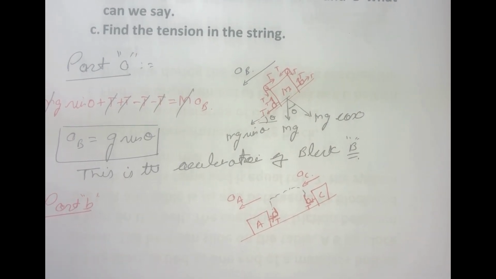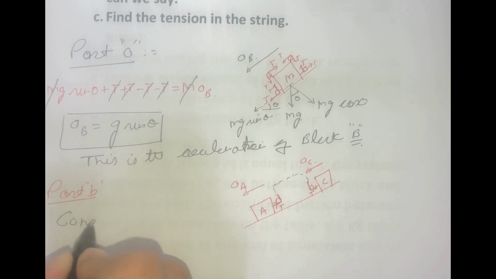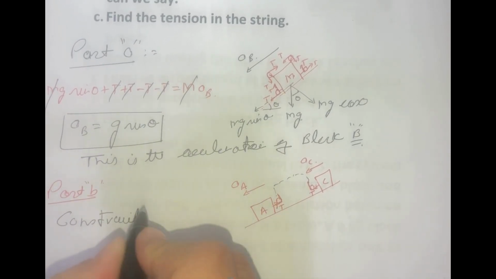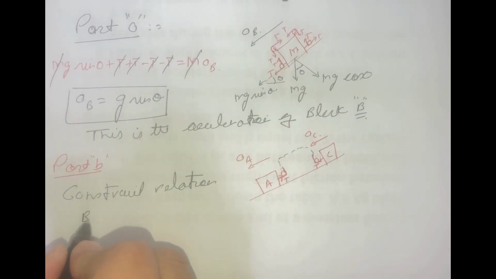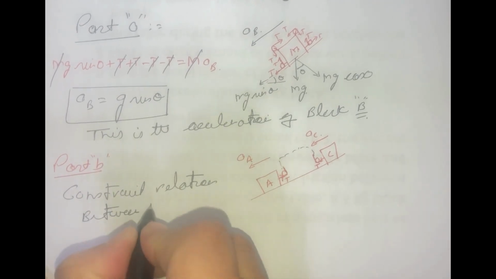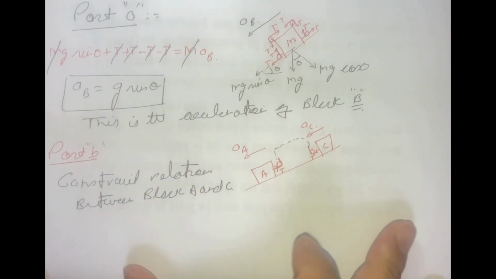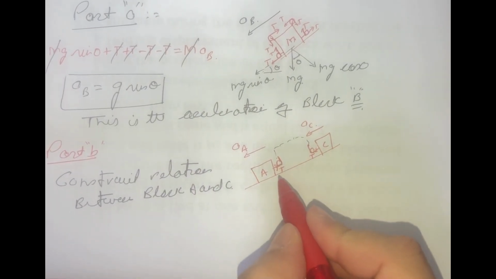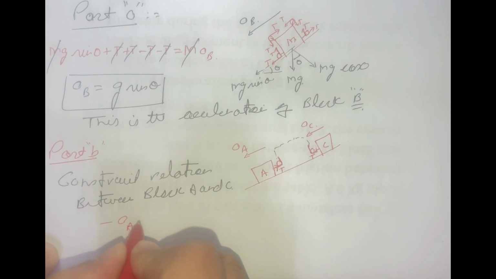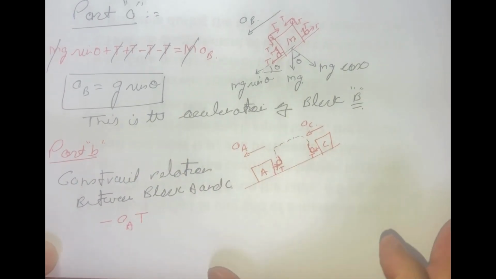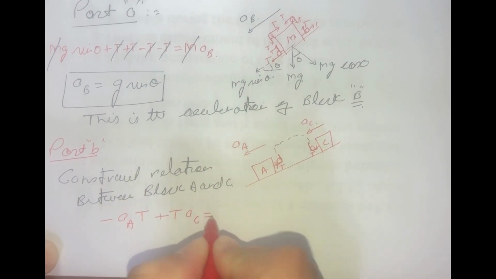So for the constraint relationship between blocks A and C, we have tension T and acceleration both in opposite directions for block A. So this will be minus aA multiplied by T, and for C the tension and acceleration are both in the same direction, so this will be plus T aC is equal to 0.